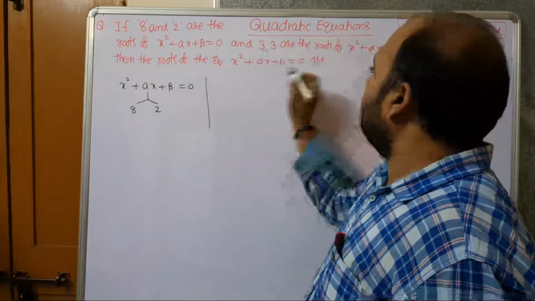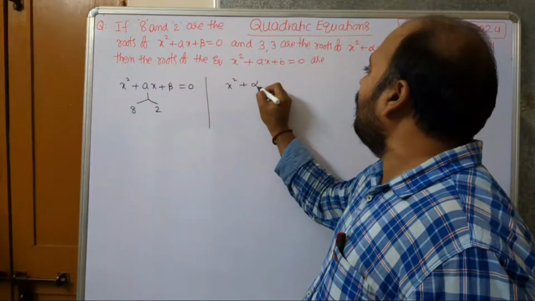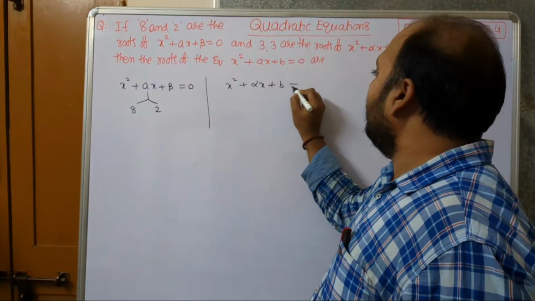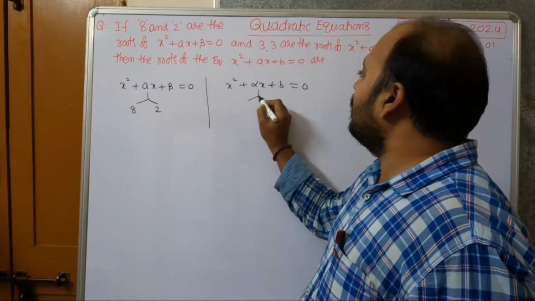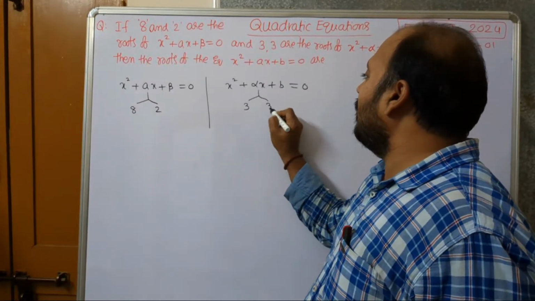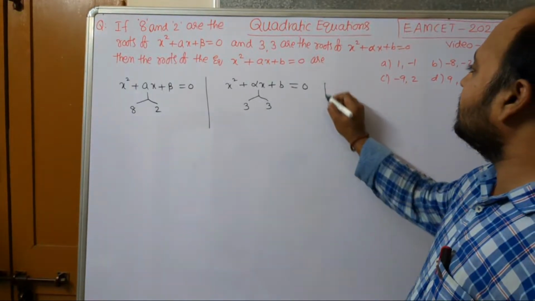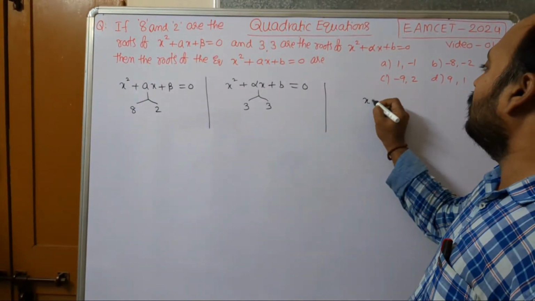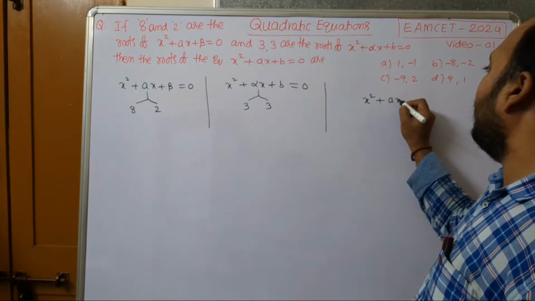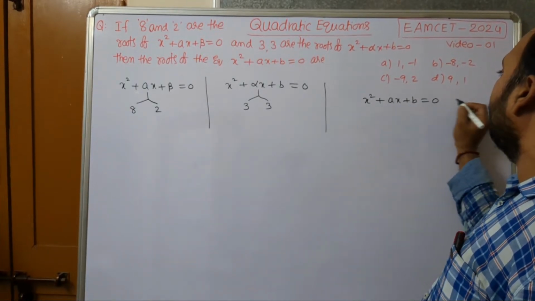Next, 3 comma 3 are the roots of x square plus alpha x plus b equal to 0. So they are asking to find the roots of x square plus ax plus b equal to 0.